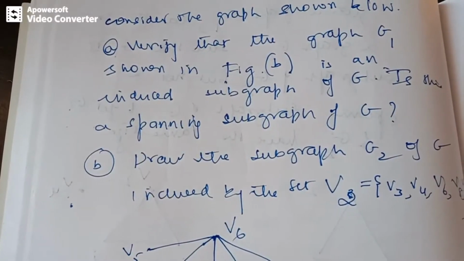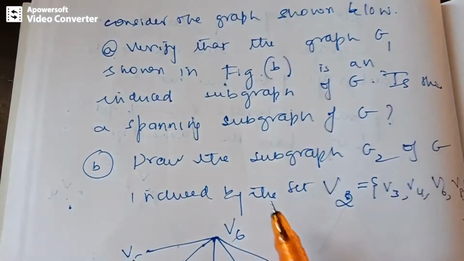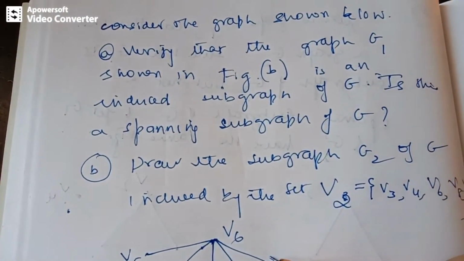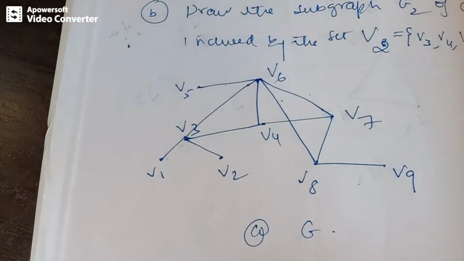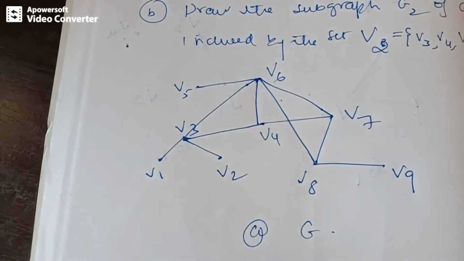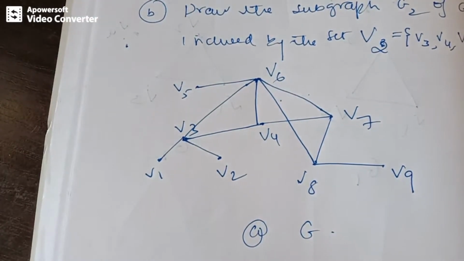Let's consider this question. They have given a graph, and we need to compare this graph G with graph G1. So this is our graph G1. According to the question, they have given two graphs.